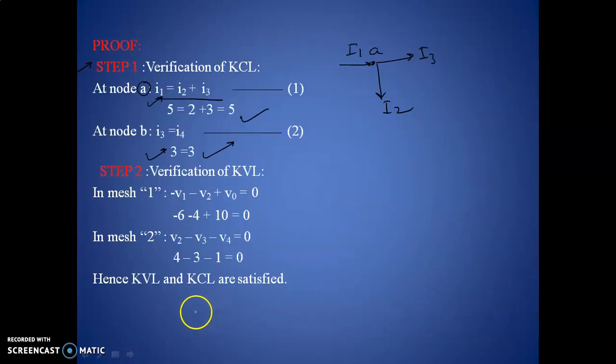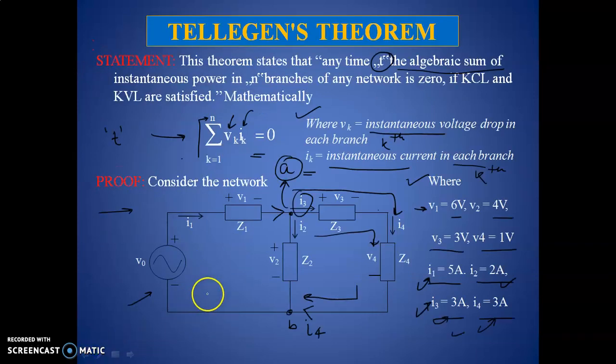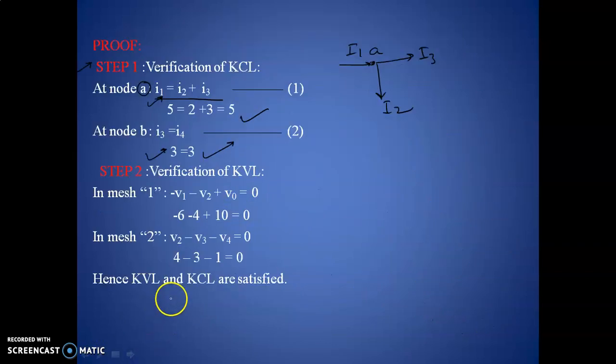Now the verification of KVL in mesh 1. There are two meshes: this is 1, this is 2. In mesh 1, it is minus V1 minus V2 plus V0 is equal to 0. Around the closed loop, the summation of all the voltage drops and voltage rises must be equal to 0. This is the statement of Kirchhoff's voltage law.